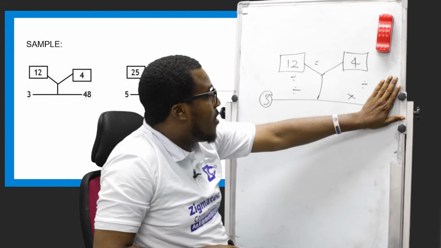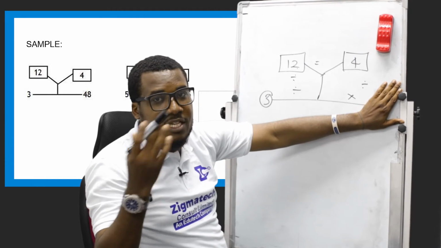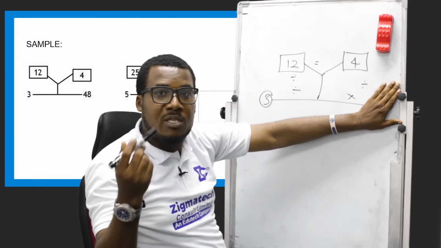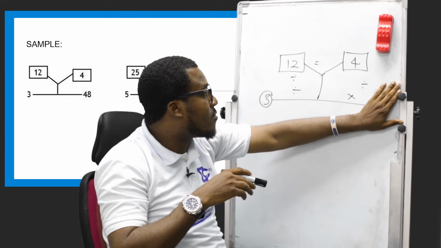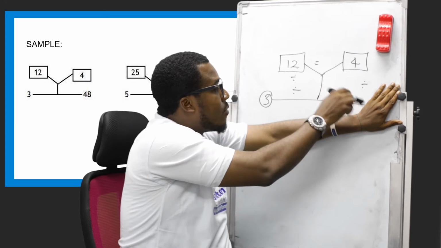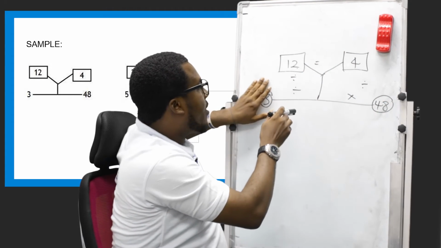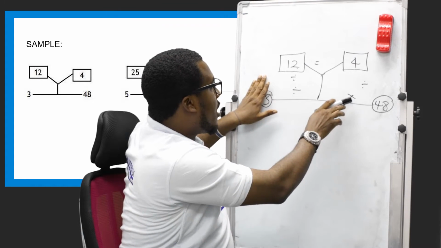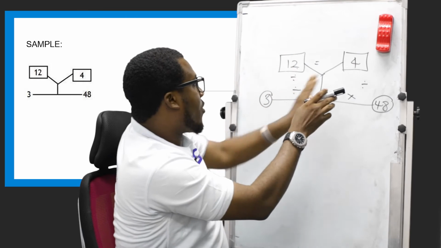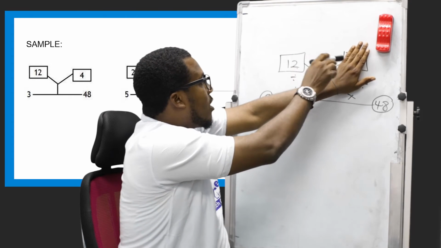Now in the case here, remember both of them are division. So it's easy for us. The opposite of division is multiplication. So you have to multiply in both cases to get the number here. So 12 times 4, 48. 4 times 12, 48. Coming back here, in this part, in case we're looking for the number here, we notice that we did division here to get the number here.